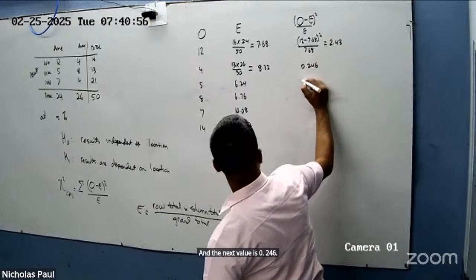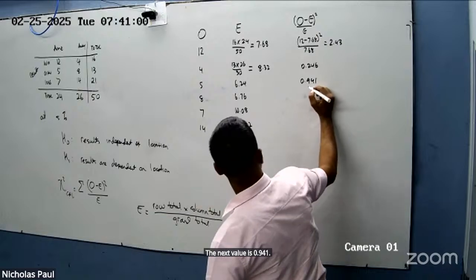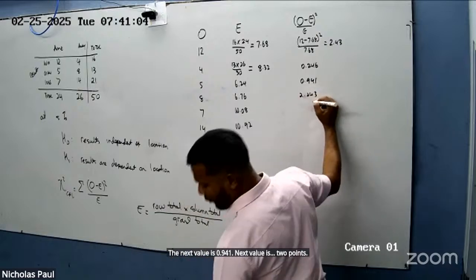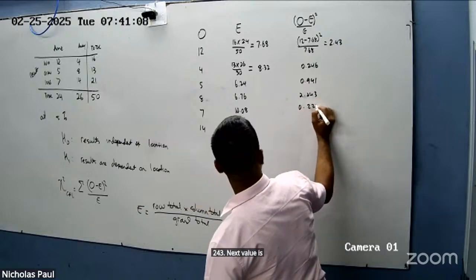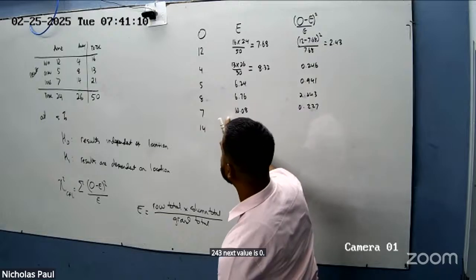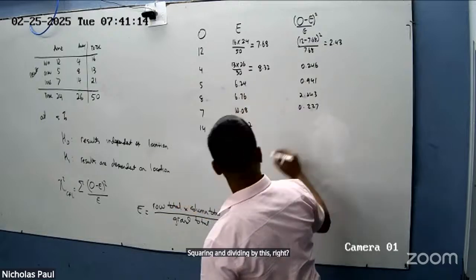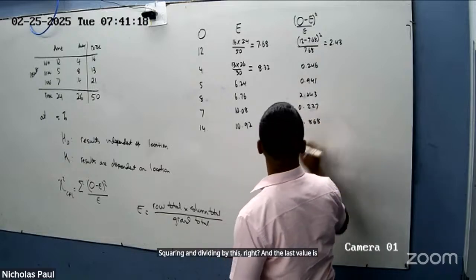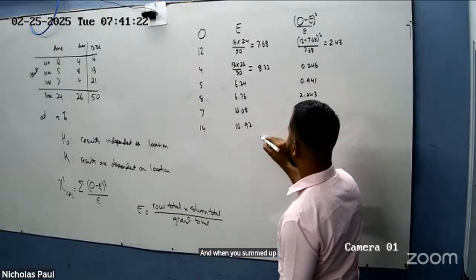The next value is 0.941. Next value is 2.243. Next value is 0.227. I'm just minusing, squaring, and dividing by this. And the last value is 0.868. And when you sum this here, that will be a calculated value.